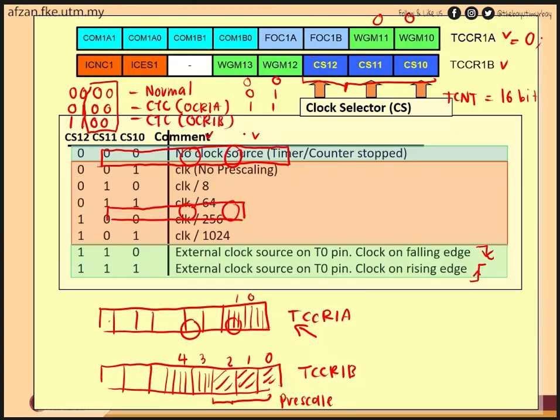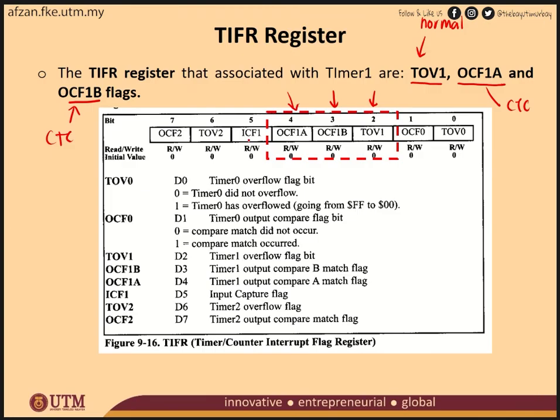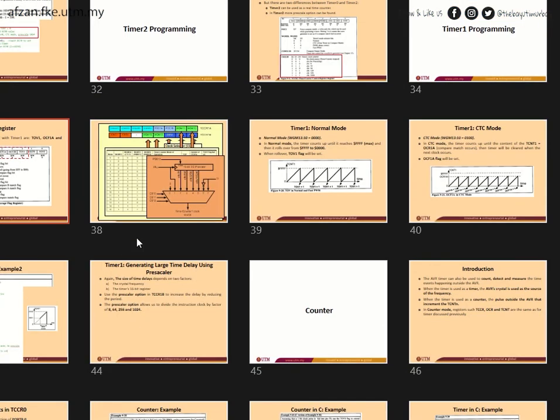This is our TIFR register. You see here, OCF1A is located at bit 4. In order to clear it, you need to put 0, 0, 0, 1, 0, 0, 0, 0. So you see 1, 0. That is where this value comes from.